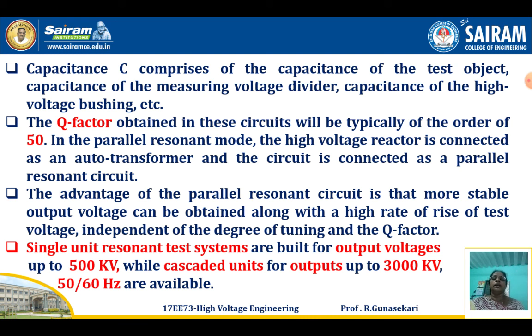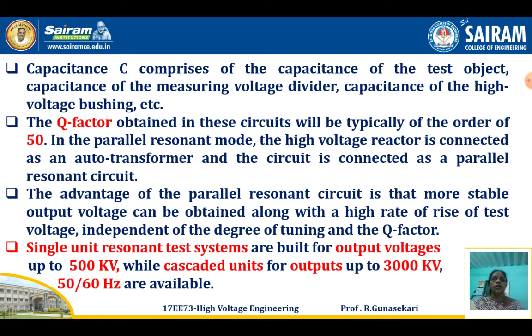In the parallel resonant mode, the high voltage reactor is connected as an autotransformer and the circuit is connected as a parallel resonant circuit. The advantage of the parallel resonant circuit is that a more stable output voltage can be obtained along with a high rate of rise of test voltage, independent of the degree of tuning and Q factor.